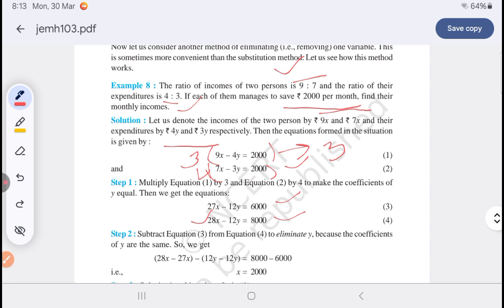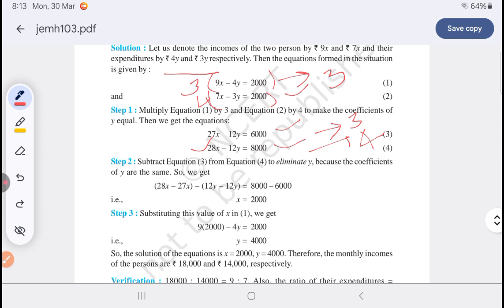So subtract equation 3 from equation 4. So you will eliminate y because the coefficients of y are the same, 12. So 28x minus 27x. So this equation minus this equation: you write the left side and the right side likewise.